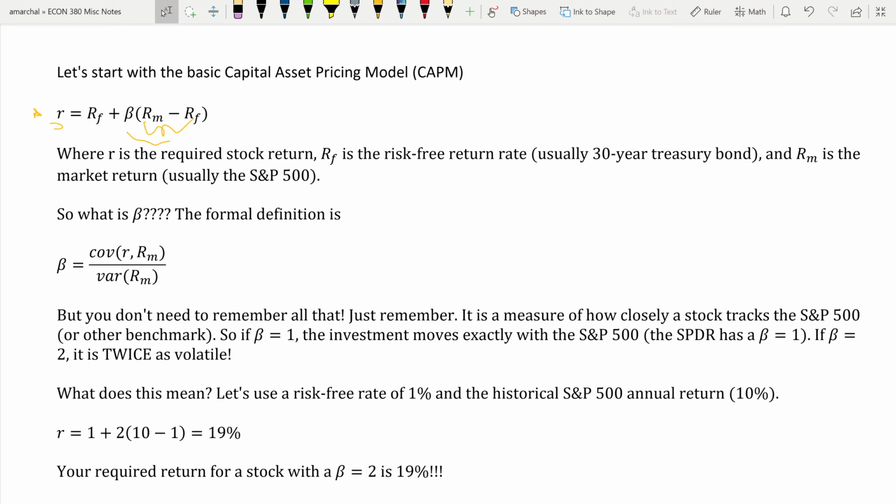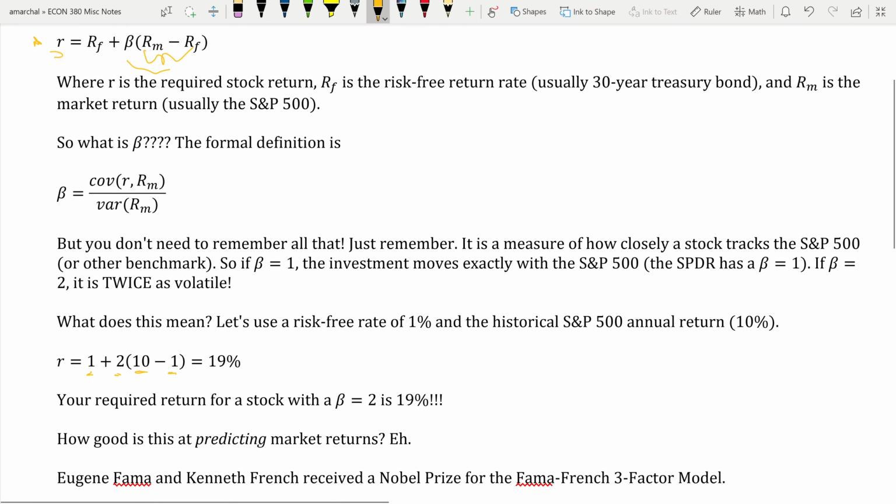So then we would get a risk-free rate of 1 plus 2, the beta, times 10, the S&P 500 return, minus 1, to get a return of 19%. So what we're saying is the required return for a stock with a beta of 2 given these inputs is 19%.